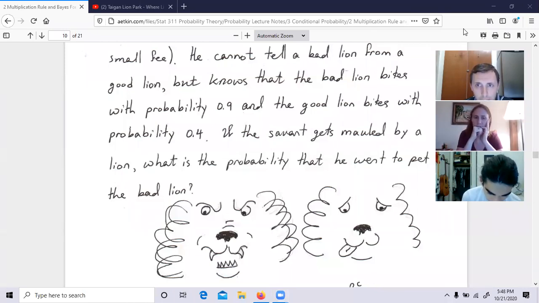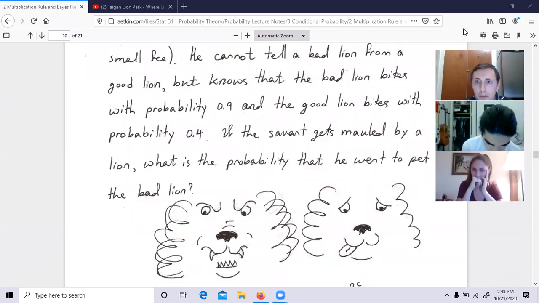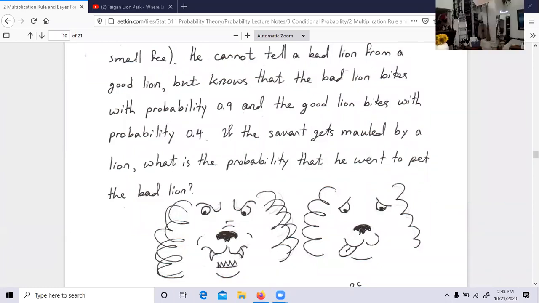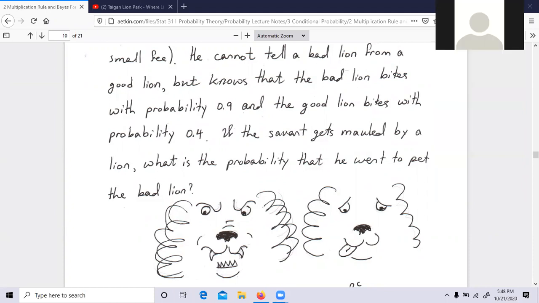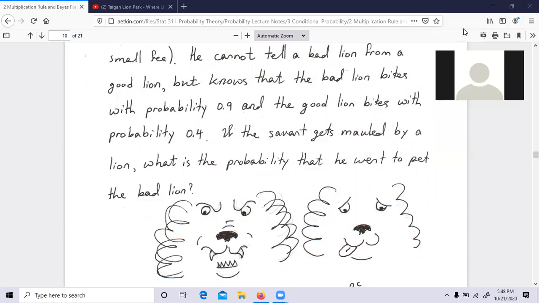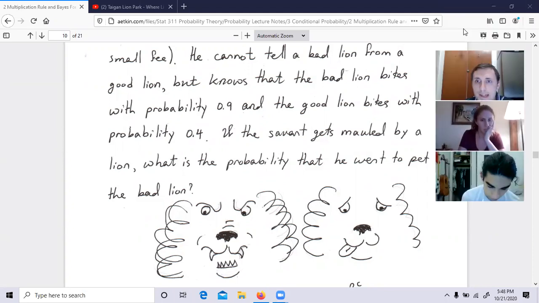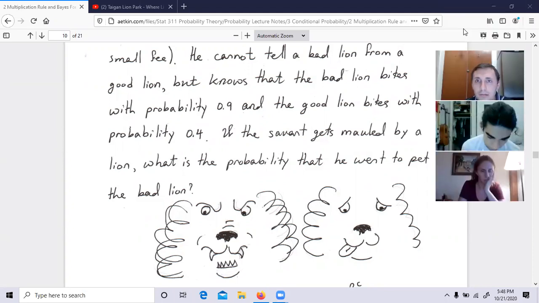I'll just wait a little longer for the rest to finish and then we go through it. Okay, Melissa and Naomi are saying the same thing.